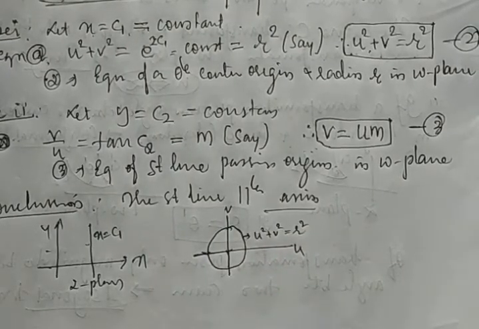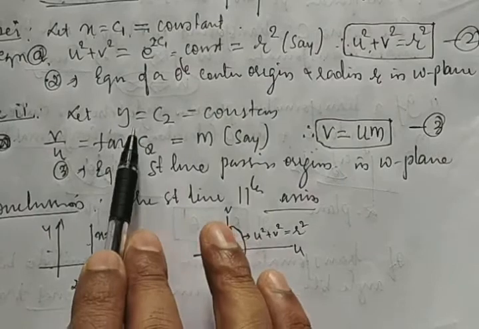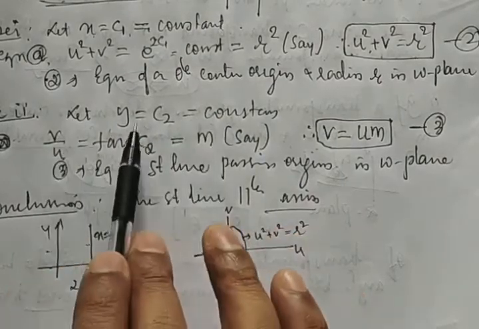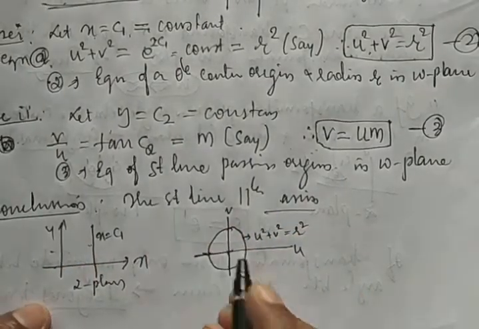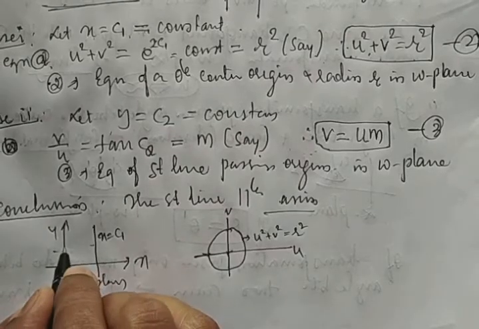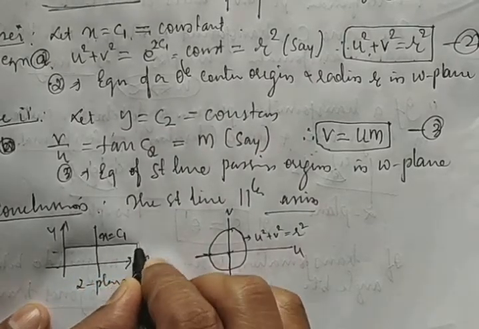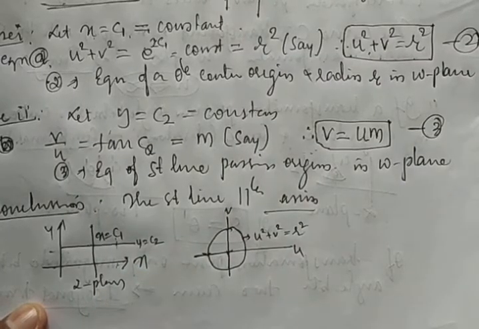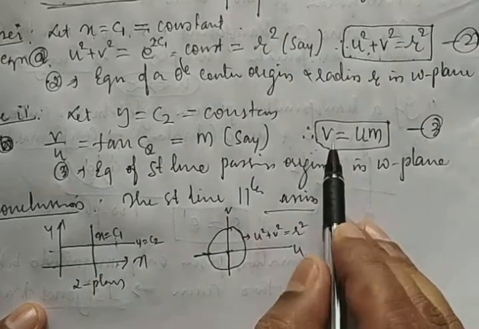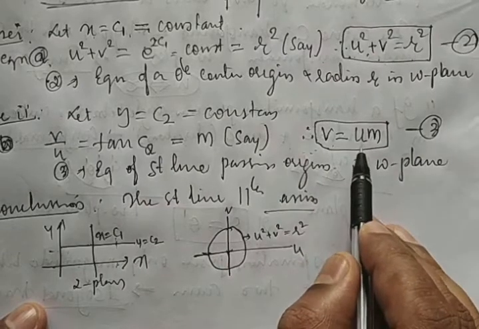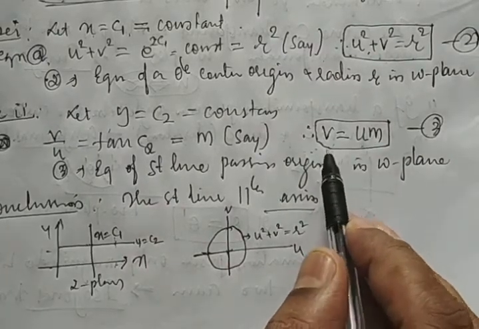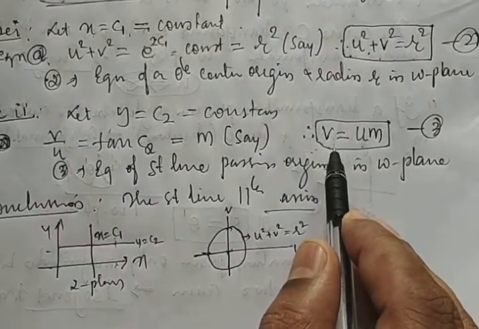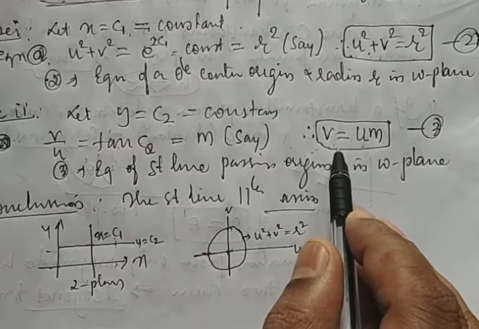Then in the second case, we have taken y is equal to c2, which is constant. y is equal to c2 means we have drawn the equation of a straight line parallel to the x-axis. Due to that, we got the result v is equal to mu. We can see the equation of a straight line y is equal to mx plus c, where there is no c, so y is equal to mx.